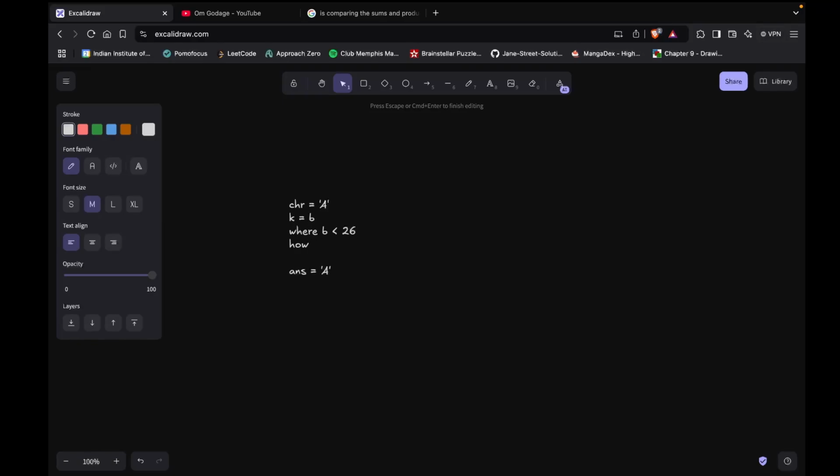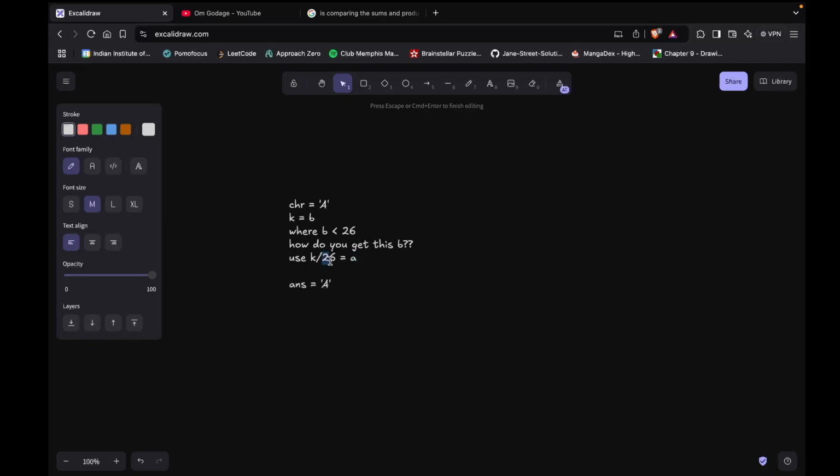So how do you get this b? It's simple. Whenever you just use k percent 26, taking the remainder of k with 26 will give you a number between 0 and 25, and these are the only shifts that you need to care about.